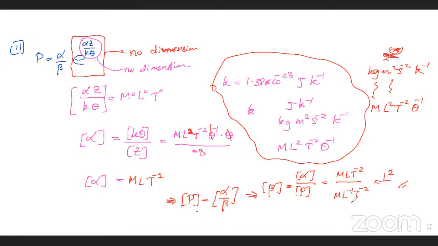The pressure has dimension M L minus 1 T minus 2. So M T minus 2 and M T minus 2 cancel. So L divided by L minus 1 comes up, then L and L square.